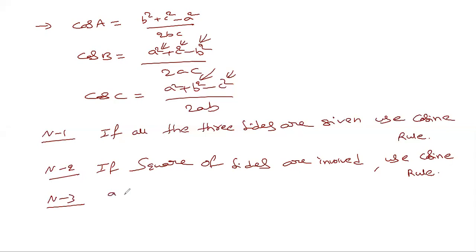In any triangle, to find whether a given angle is acute or obtuse, use cosine rule for determination of acute or obtuse.